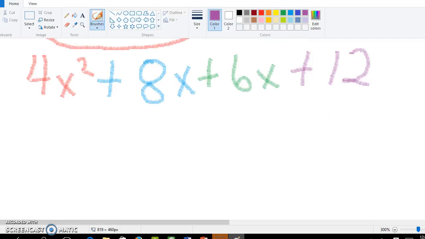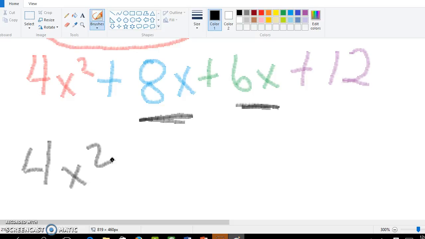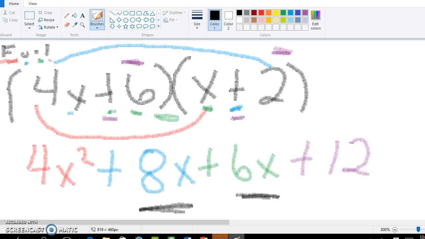All right. We have to combine like terms. And do we have any terms that are the same? Yeah, we do. We have 8x and we have 6x. So to rewrite this, we just bring our 4x squared, because remember, up here, 4x times x, and we've got two x's, so that makes that squared.